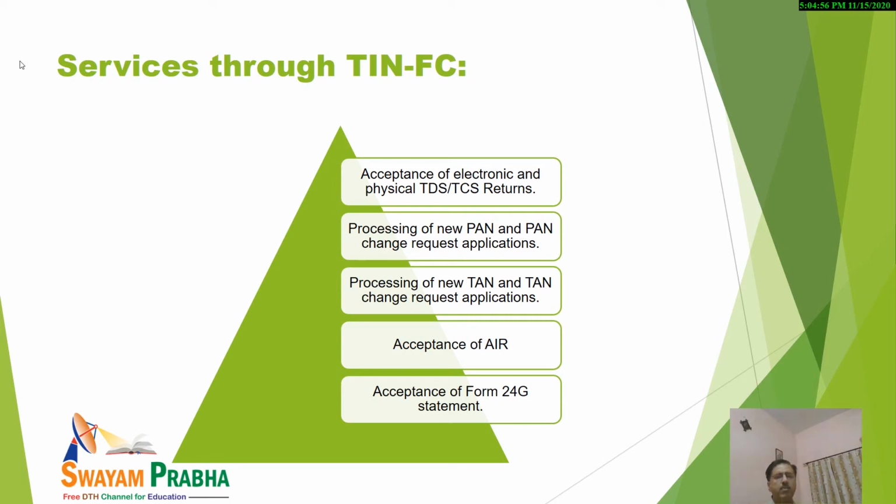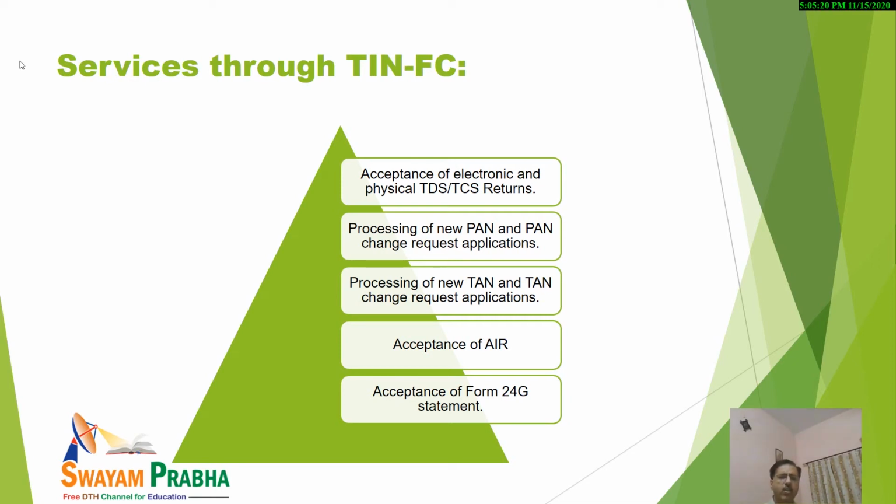And what our purpose in this case is, it deals with processing of new TAN, that is regarding issuance of a new TAN number, and it also deals with changes in TAN. Then it deals with the annual information report.